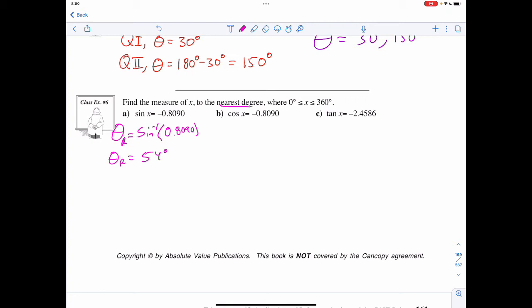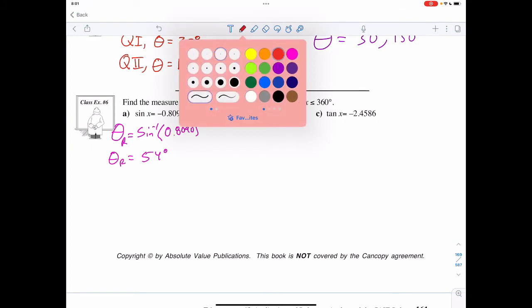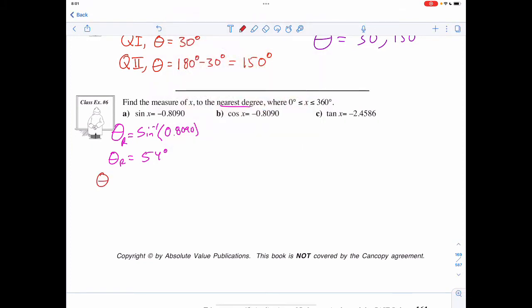Now it says that my ratio is negative. Where is a ratio negative? In quadrant 3 and in quadrant 4. Because my angle is represented by x, I'm going to say that x in quadrant 3 would be 180 plus my reference angle, which is 234 degrees.